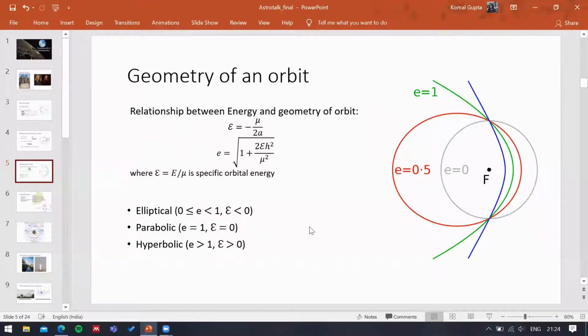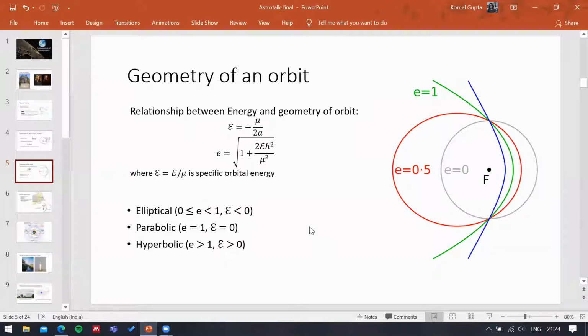Now, parabolic orbits will have eccentricity equal to 1, total energy equal to 0, which is again something that is not quite common in nature. Hyperbolic orbits have an eccentricity of greater than 1, energy also greater than 0, and these are orbits of most interstellar objects.